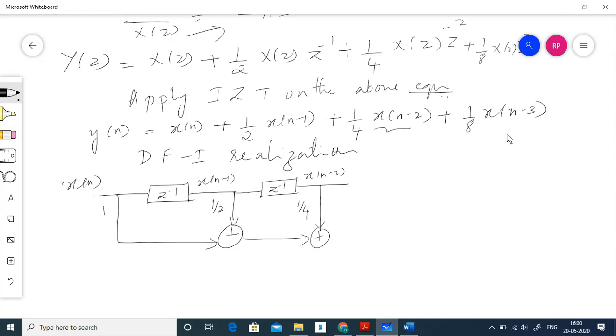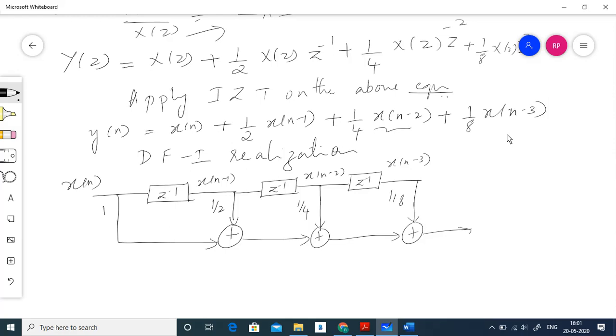The next term we have is x of n minus 3. So how to get x of n minus 3 from x of n minus 2? Insert another delay element so that here you will get x of n minus 3. What is the constant associated with x of n minus 3? 1 by 8. You multiply that and then add that with the rest of the terms. So I'll use an adder block, then I'll add that with the rest of the terms.